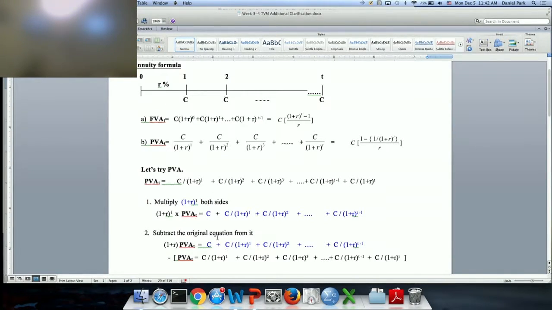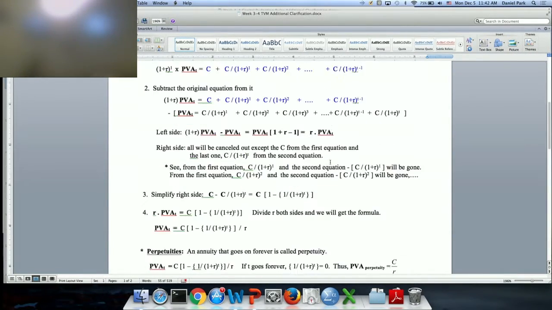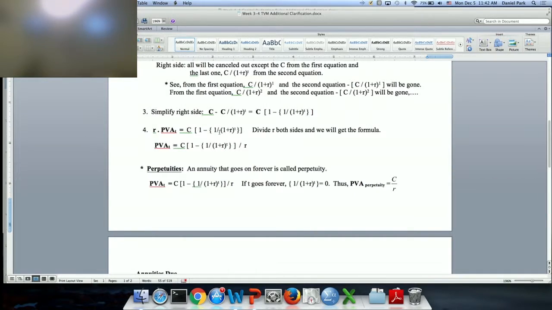For FVA, you can follow similar steps and you can end up with the same formula. I'm not asking you to derive, but at least you understand. All these guys, you can simplify as this simple one equation. Or at the bottom, the same one here, this guy.